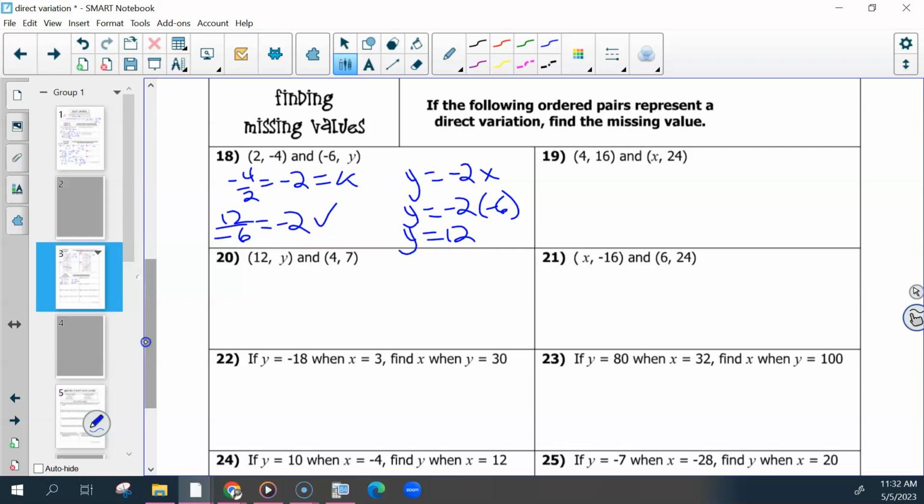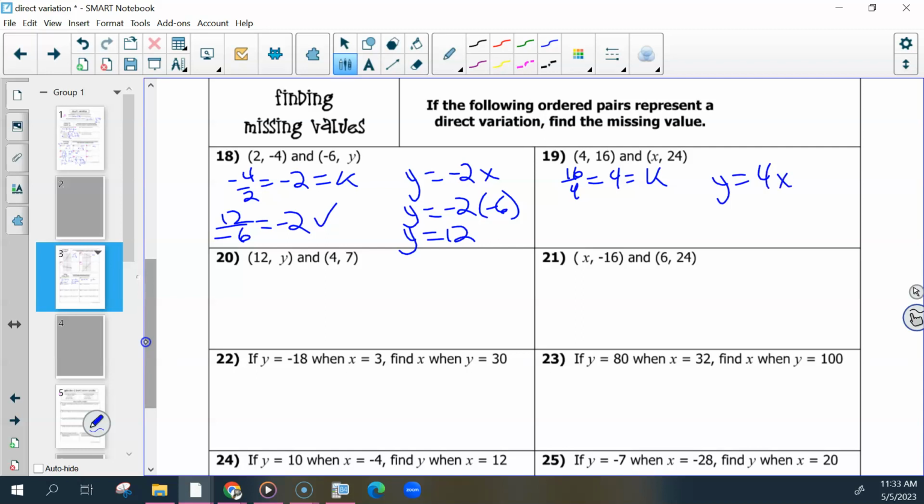So we found a y, let's find an x, so 19. Same process. Divide 16 and 4. So that 4 is your k value. What would that equation look like? Y equals 4x.